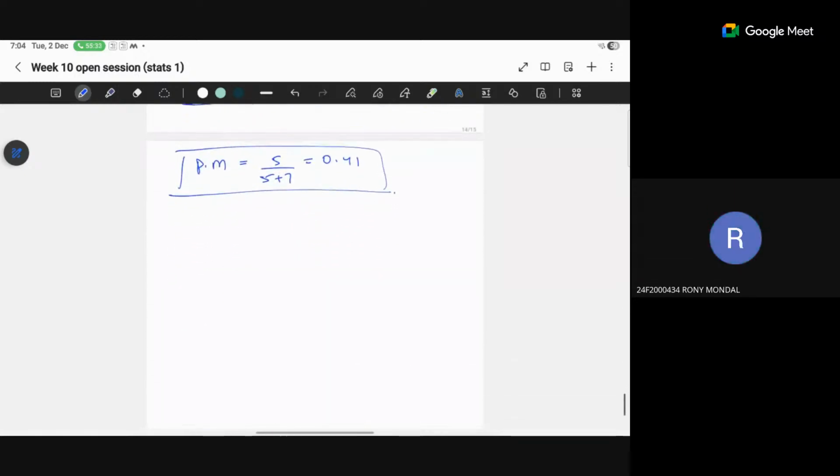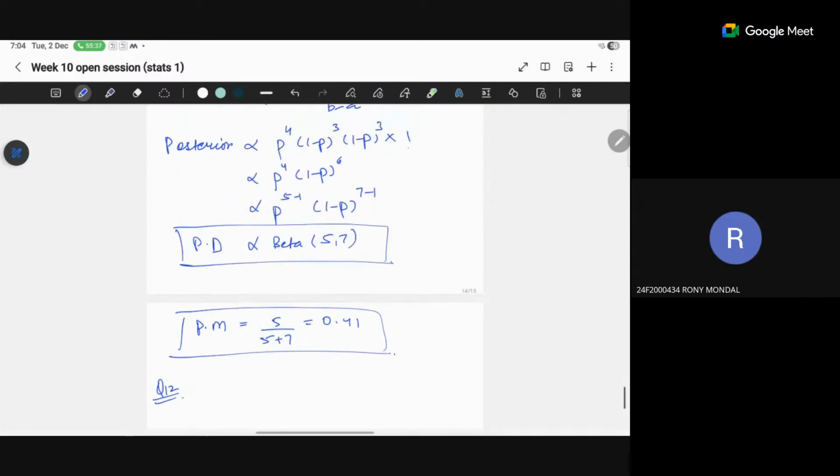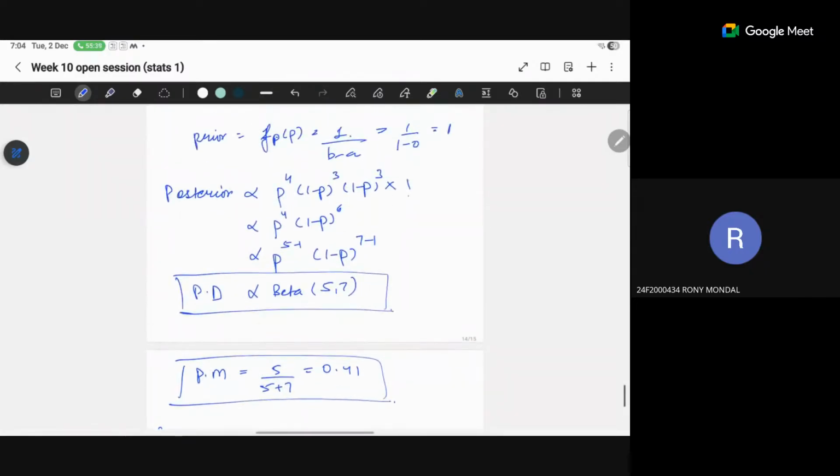One more question is there. Question number 12, the 5 marks one, from practice 7. The new method of screening for a disease fails to detect the presence of the disease in 20% of the patients. A new random sample of n equals 100 patients known to have the disease is screened using the new method.